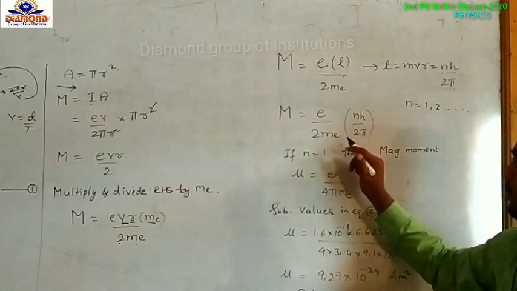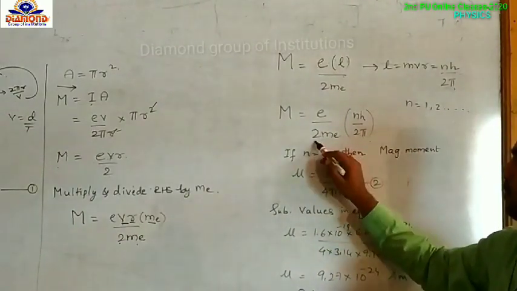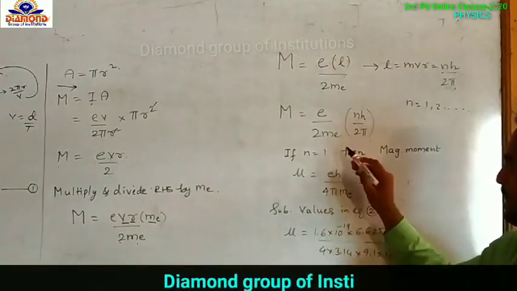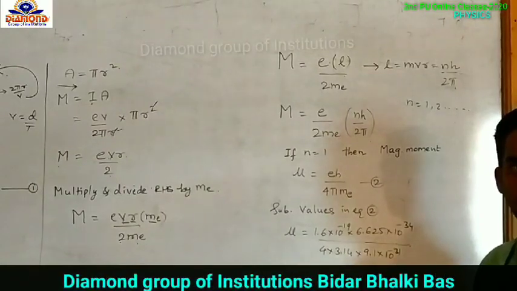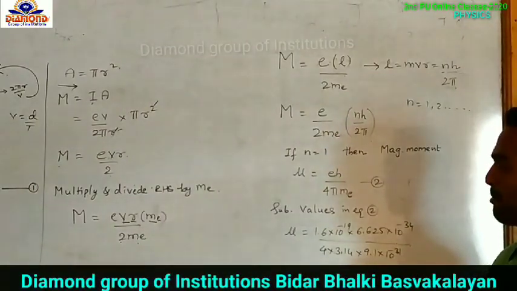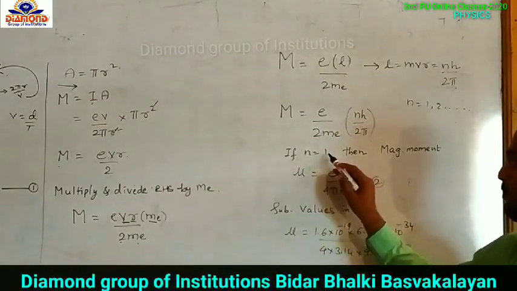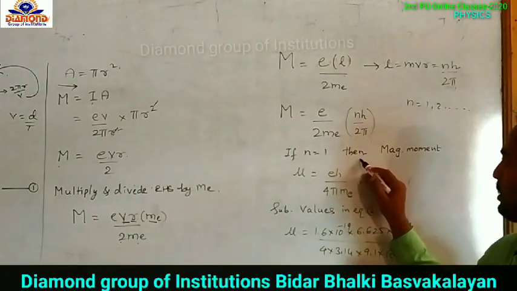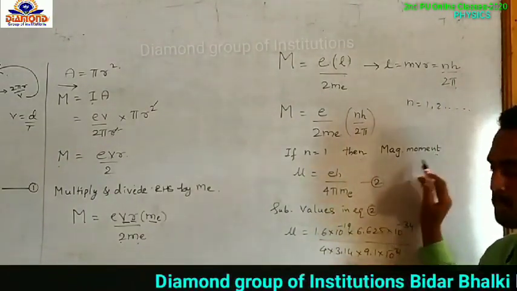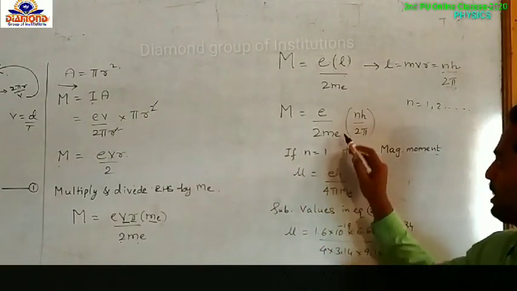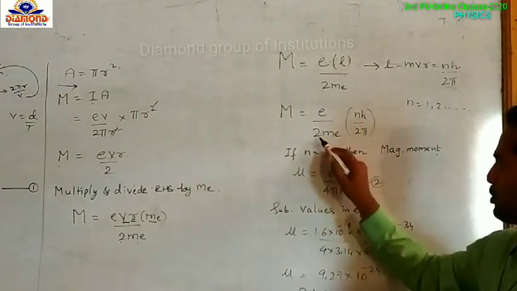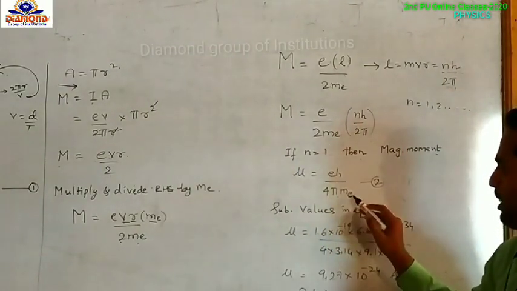If you do the simplification, 2 into 2 becomes 4, and here we are choosing the principal quantum number as 1. That is, the n value we have taken as 1. Then the magnetic moment becomes mu equal to eh by 4 pi m.